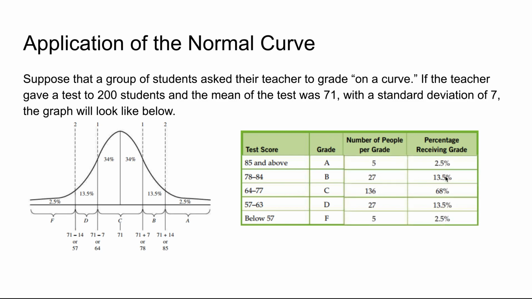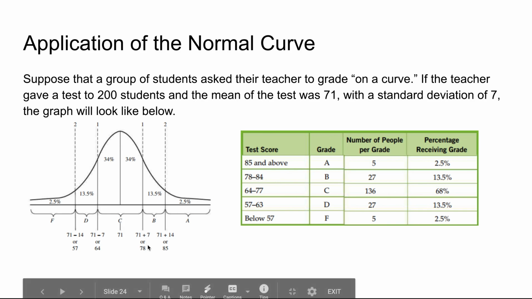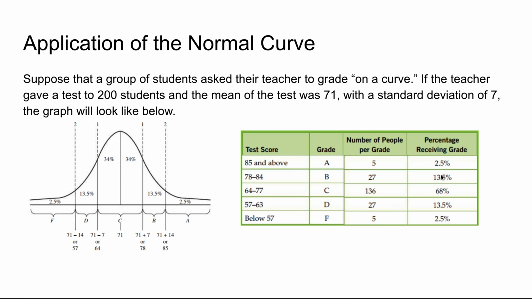Do the same thing. Here, between 78 and 84, only 13.5% of the students can be found. 13.5%, or 0.135 times 200 total, you get 27 students.